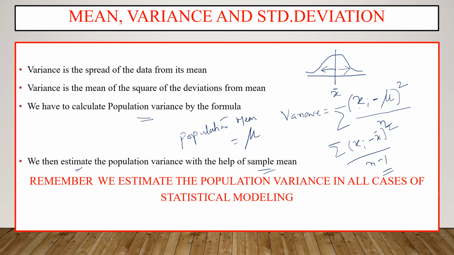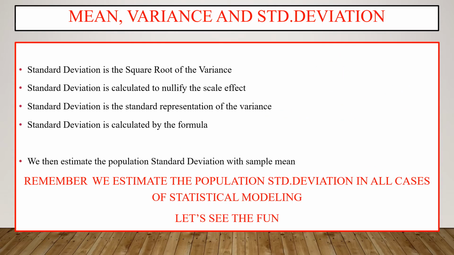Because if we divide by n instead, it will underestimate the variance, right?